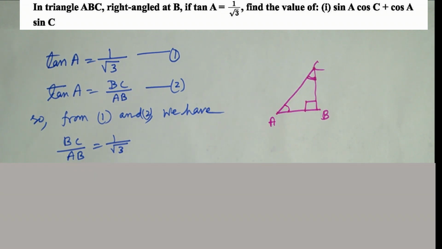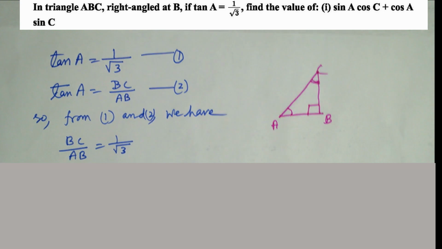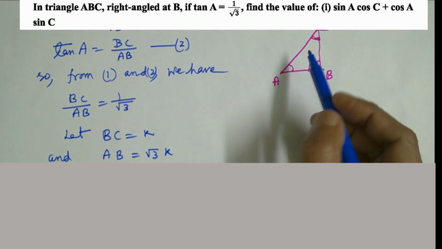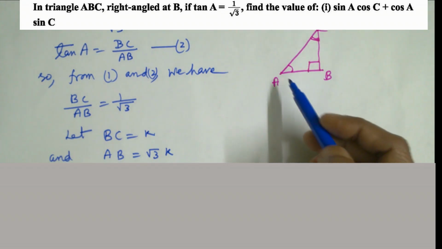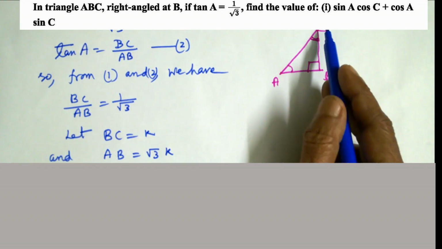From geometry, it is known that for a right angled triangle, hypotenuse square is equal to base square plus perpendicular square. With respect to this figure, ABC, right angled at B, hypotenuse AC.